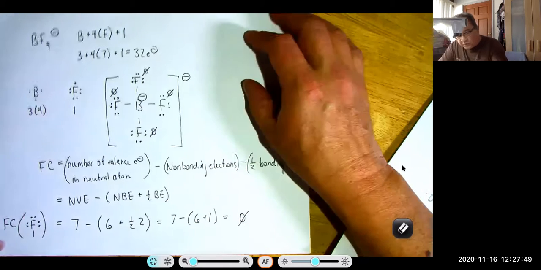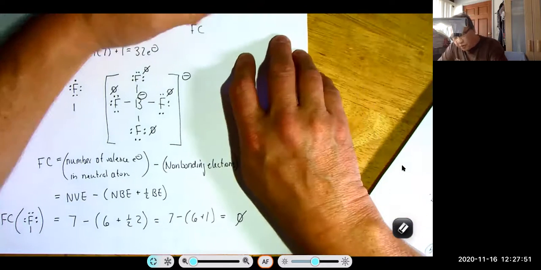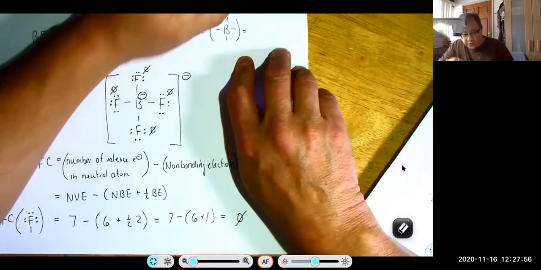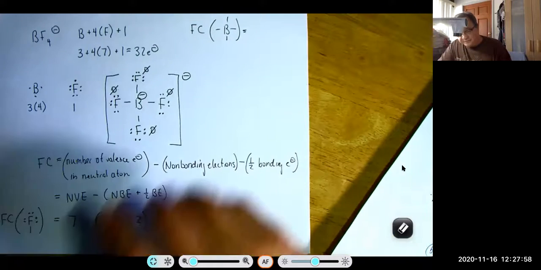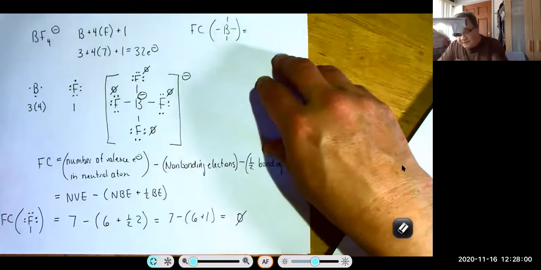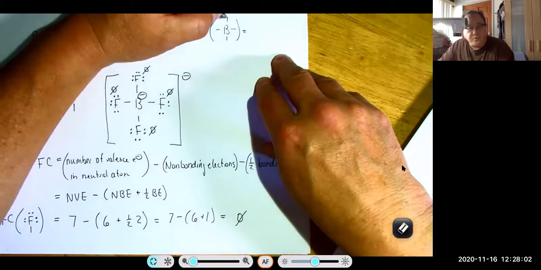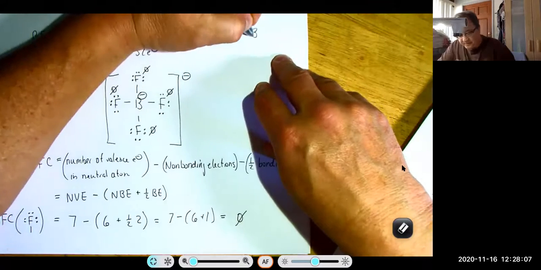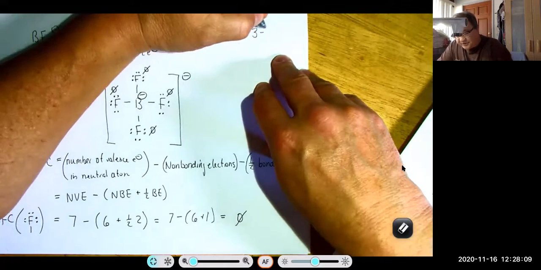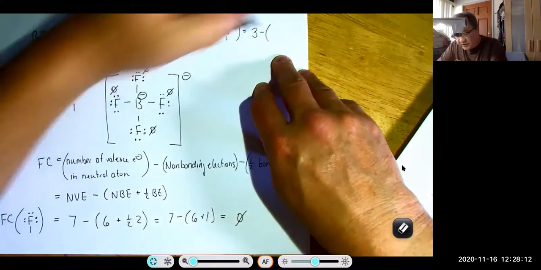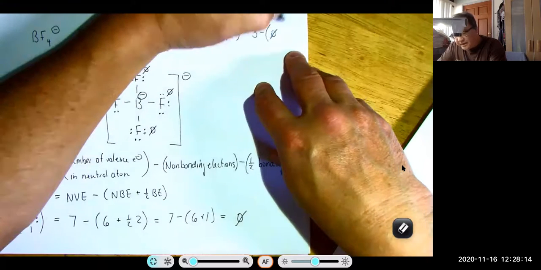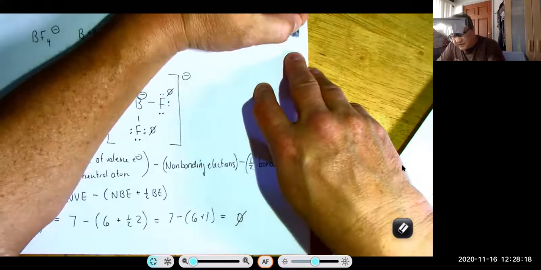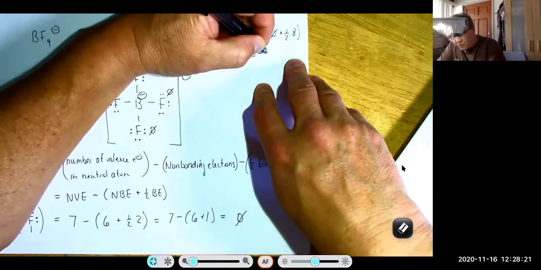And if we do the formal charge on that boron, boron has an atomic number of 5, but it's in group 3A, which means it has 3 valence electrons, minus the non-bonding electrons, which are 0, and then plus 1/2 of the bonding electrons, which are 8. So you get 3 minus 4, which is -1.